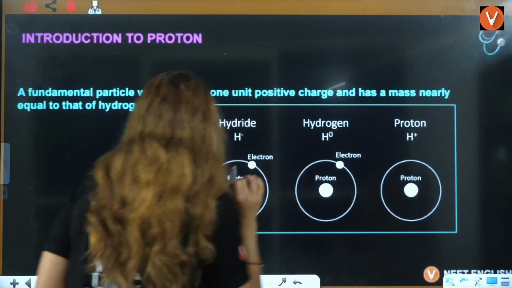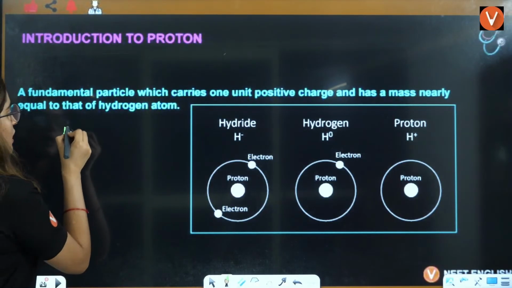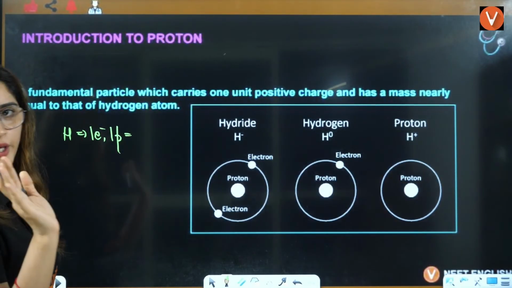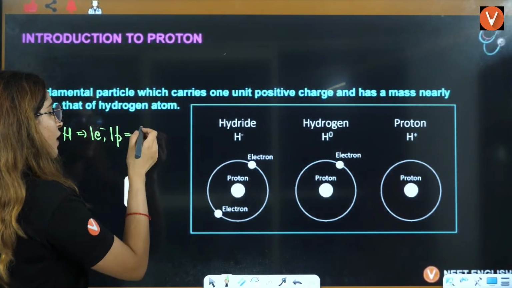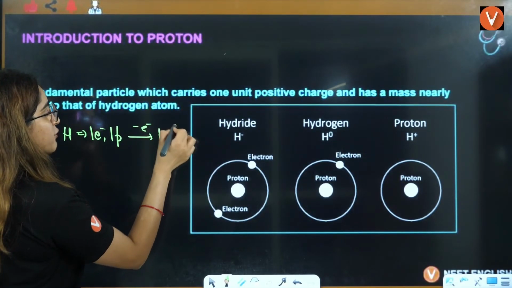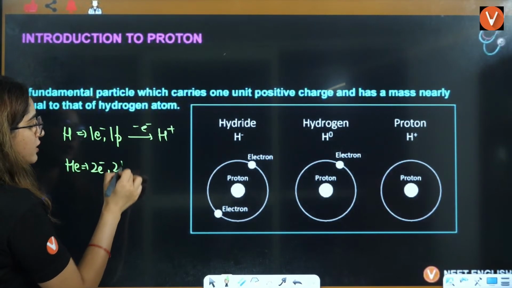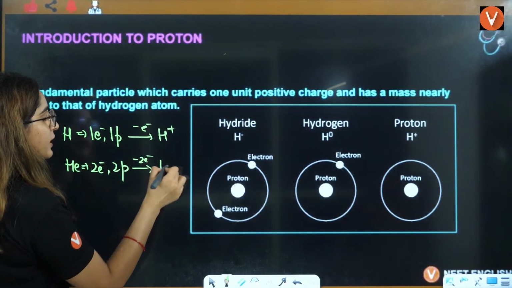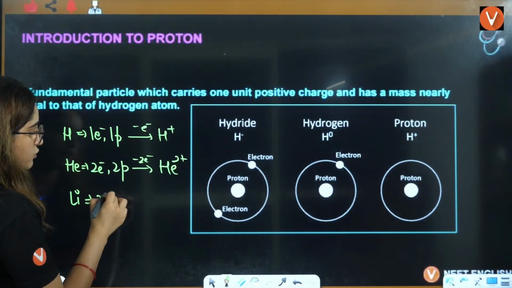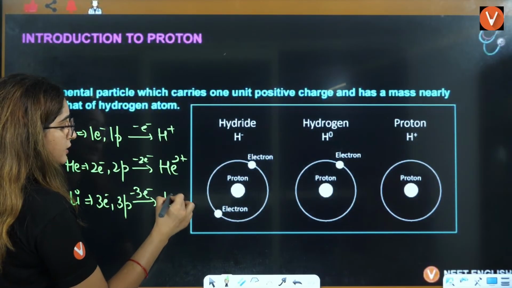If you talk about hydrogen, it has 1 electron, and here I am not even counting the neutron. So, 1 electron, 1 proton; after removal of 1 electron, you will be left with H+. Helium has 2 electrons, 2 protons; after taking out 2 electrons, it will be He2+. Lithium has 3 electrons, 3 protons; after taking out 3 electrons, it will be Li3+.